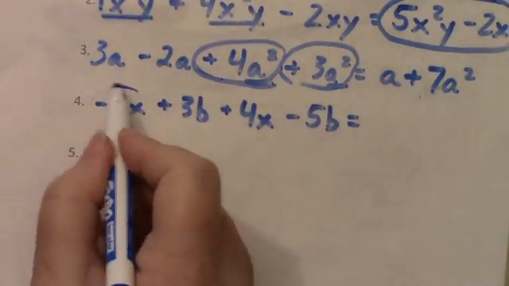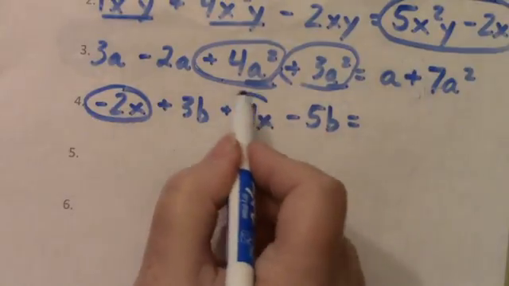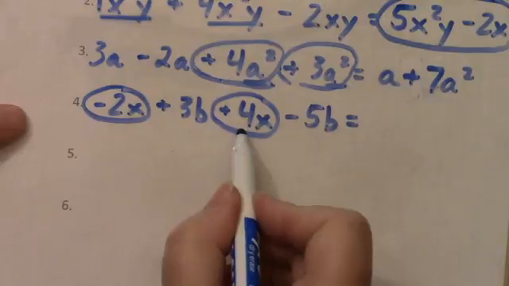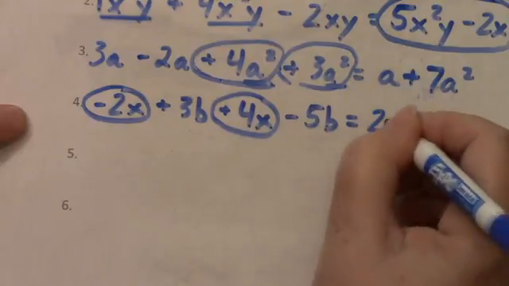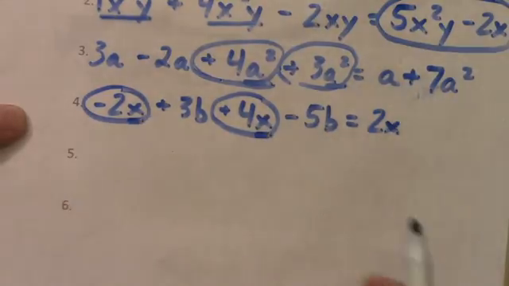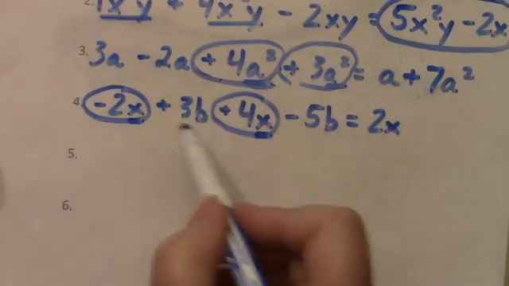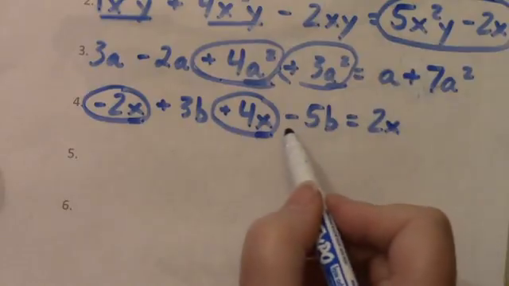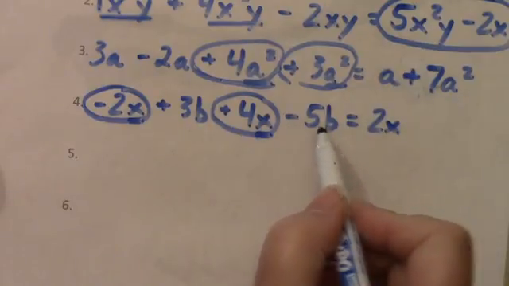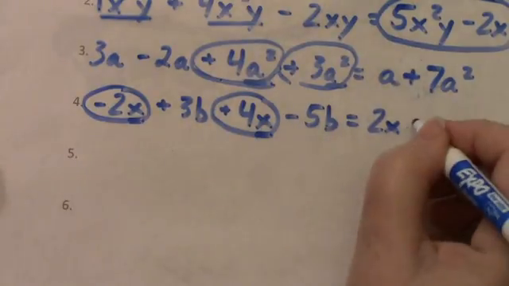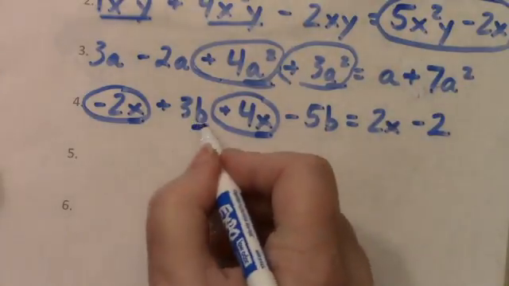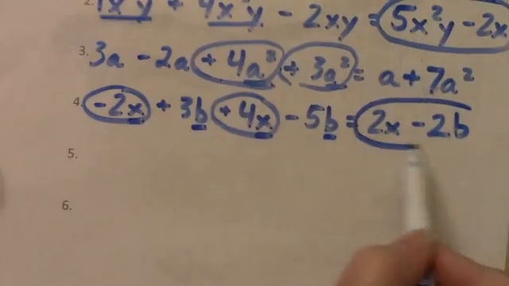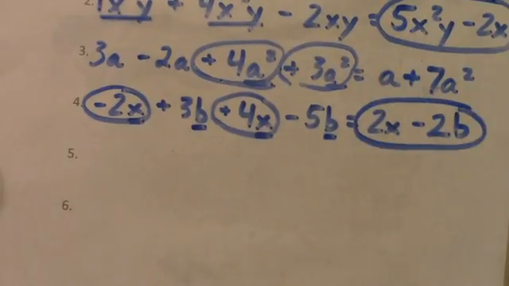Here I have negative 2x adding a 4x. Negative 2 plus 4 is 2, and I keep my x. Then I have a positive 3b minusing a 5b. So 3 minus 5 is negative 2, and then my term of b, I just stick with it, so that becomes 2x minus 2b.